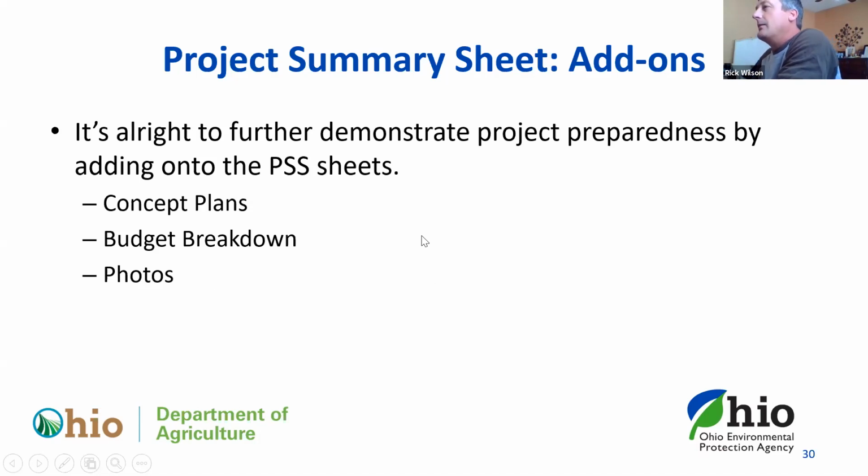Quite frankly, oftentimes we have annual RFPs for 319 grants, but other times we get requests from US EPA or GLRI or the hypoxia people saying, we need to fund $500,000 of projects. What do you have on tap? What can you give us?